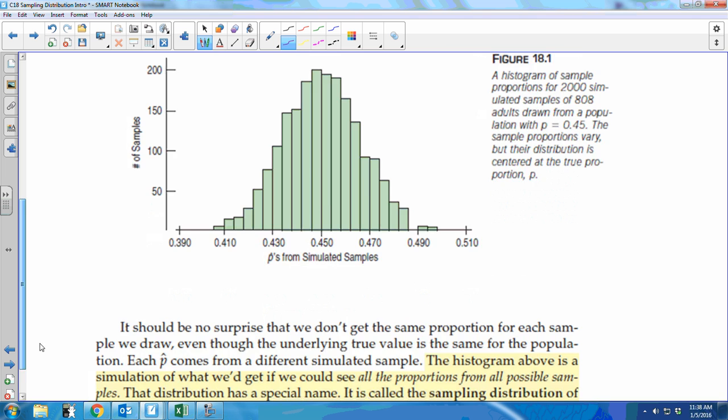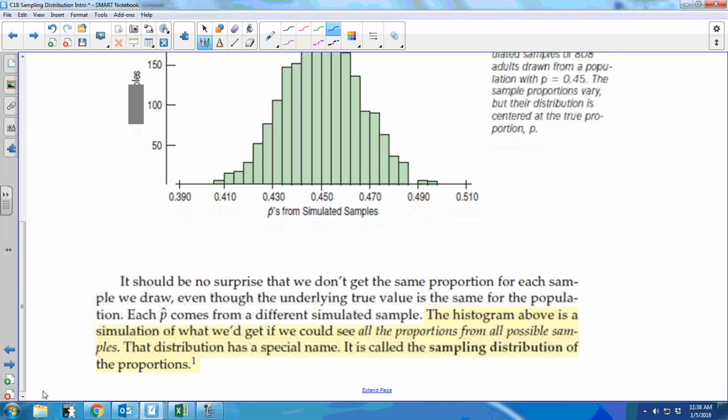So our sampling distribution model is what we talked about yesterday, all the proportions from all possible samples. Again, it's completely theoretical. You could not feasibly do that. You could not take all of the M&Ms, let's say we're doing a sample size of 100 M&Ms out of, let's say, a batch of 10,000.